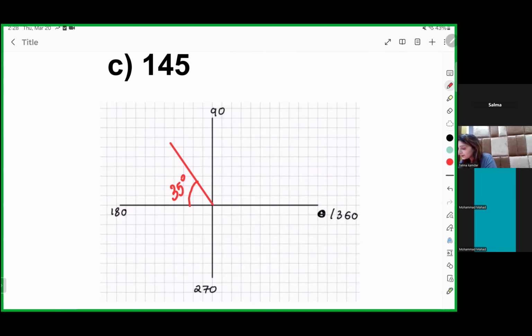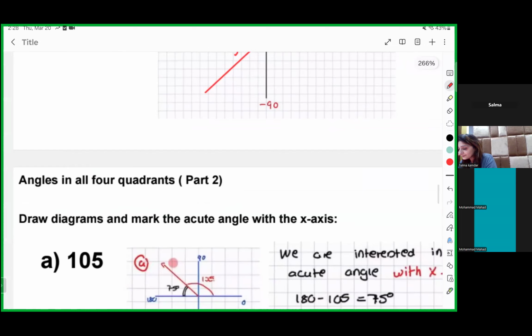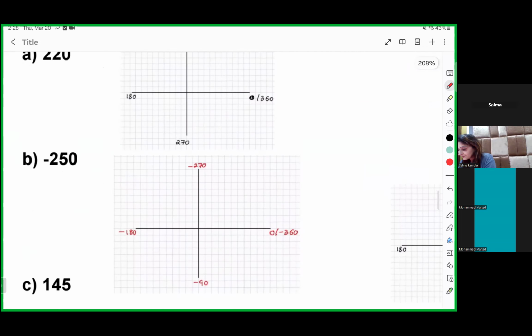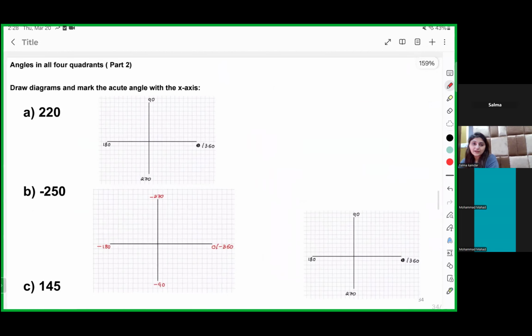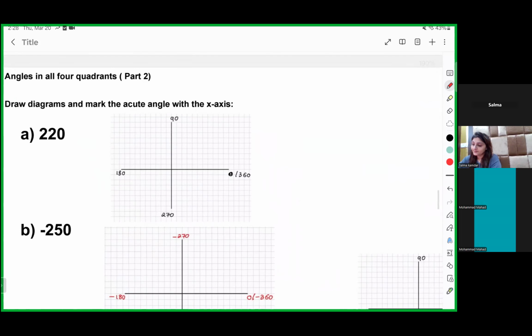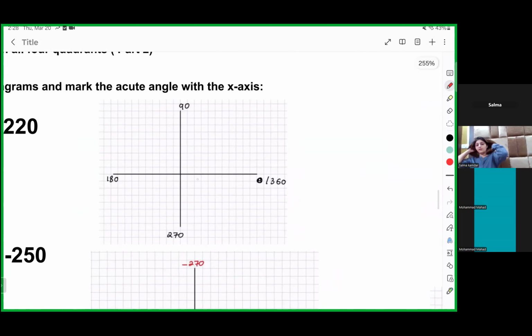Go down more. 365. Mark the acute angle with the x-axis fast. 220 is going to be in the third one.